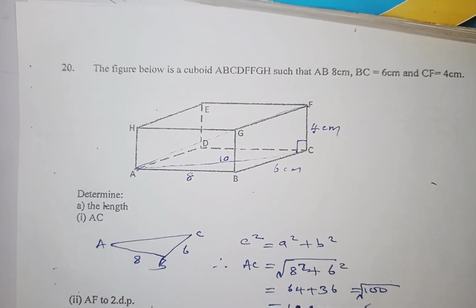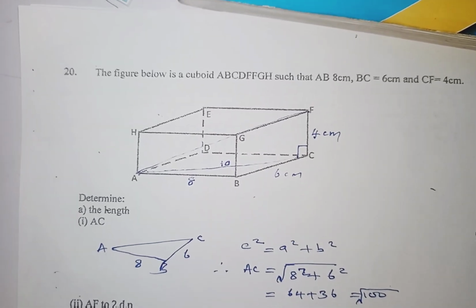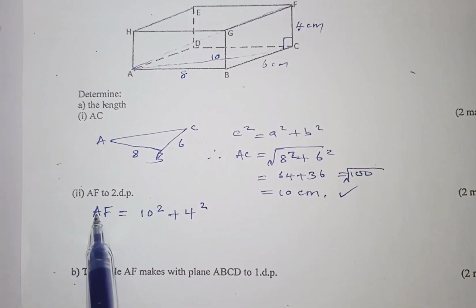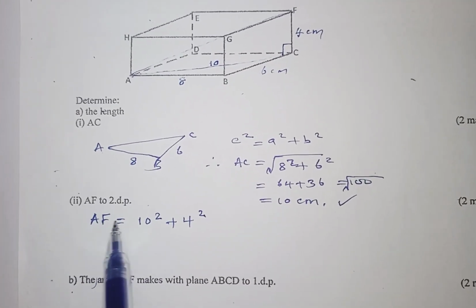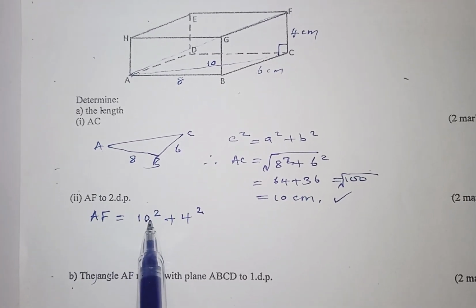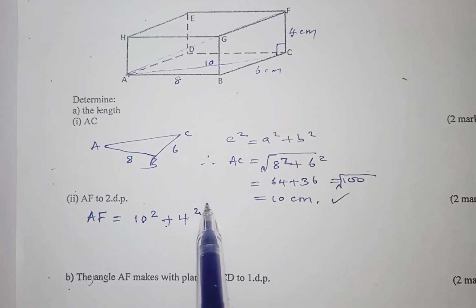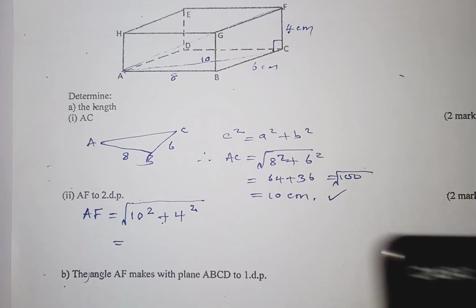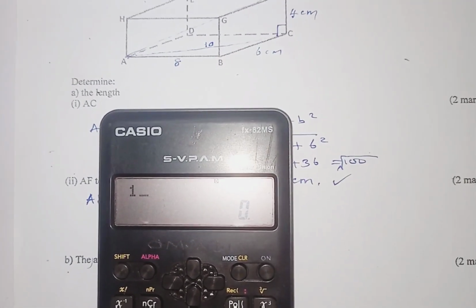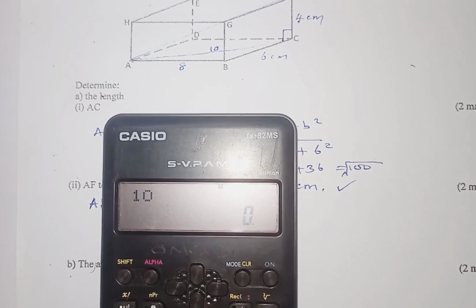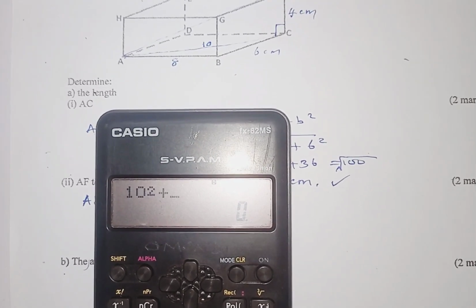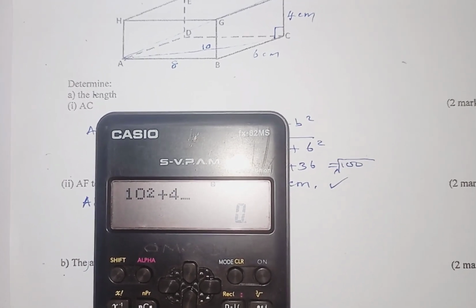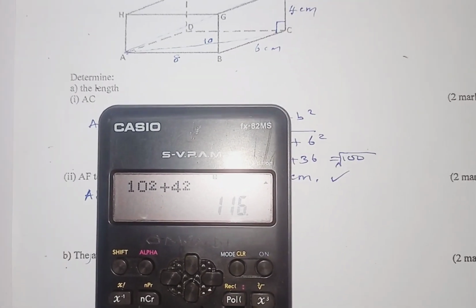So again, AF will be the square root of 10 squared plus 4 squared. So we get 10 squared plus 4 squared, which is 116.